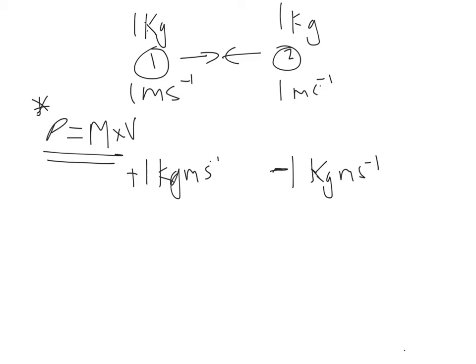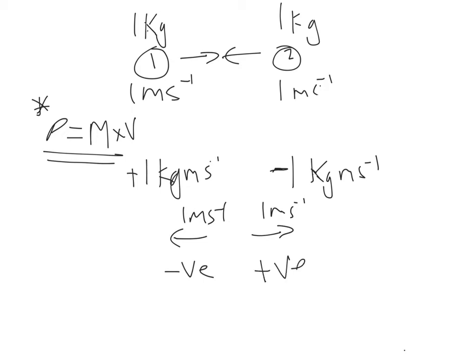So, what can we do now? Well, if we look at it after the situation, when they're travelling back away from each other, as you will remember, they're both travelling at 1 meter per second. Then we'd expect the same momentum. However, this ball here is now travelling in the negative direction, and this ball is travelling in the positive direction.